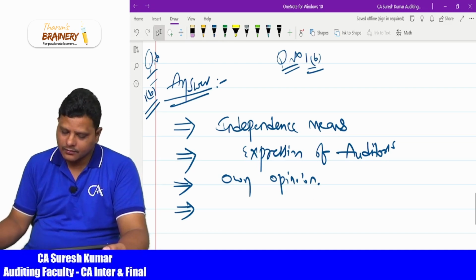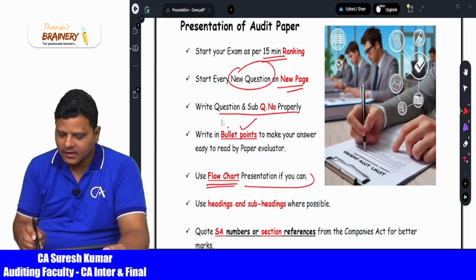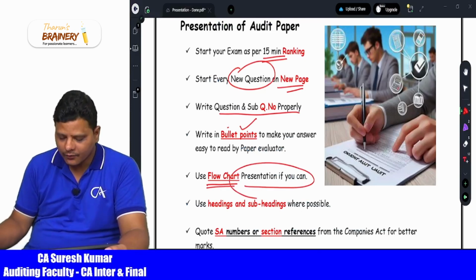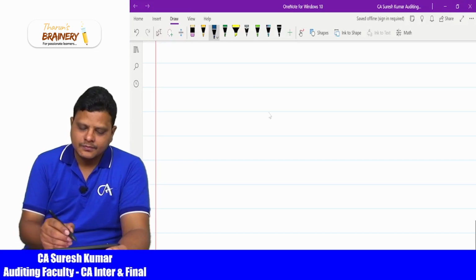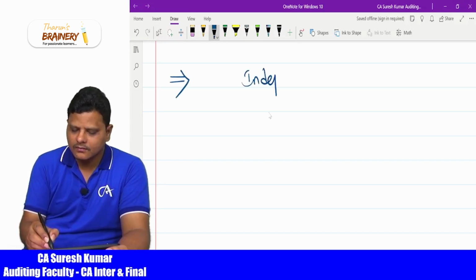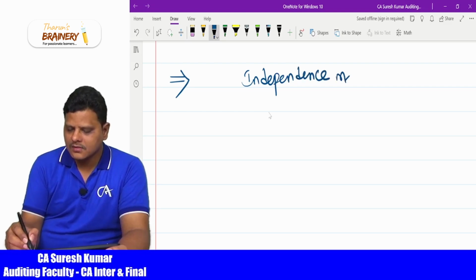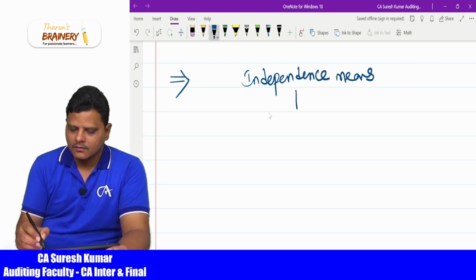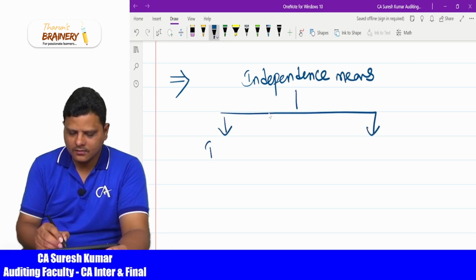Another approach you can follow is to use a flowchart for the presentation of the answer if you can. Let me write down the same answer in a different way. I am writing a bullet point. Independence means, and I am writing chart wise.